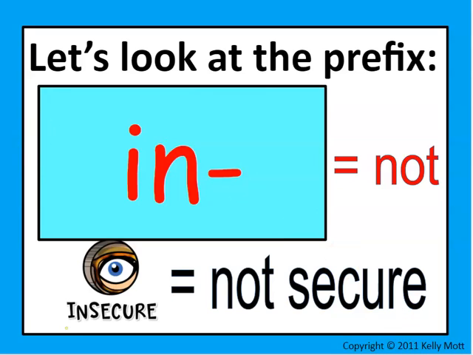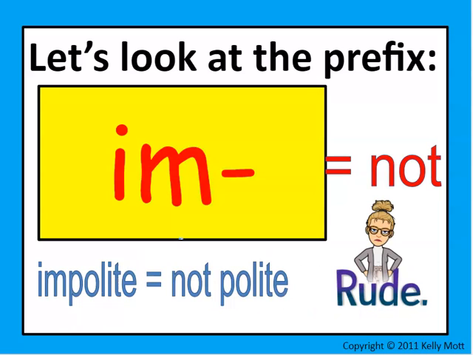Can you think of a word that starts with the prefix in? Great job. Your next one is the prefix im. So remember, this is what we are putting at the beginning of a word, and it changes the meaning.